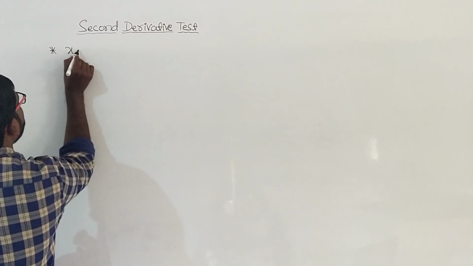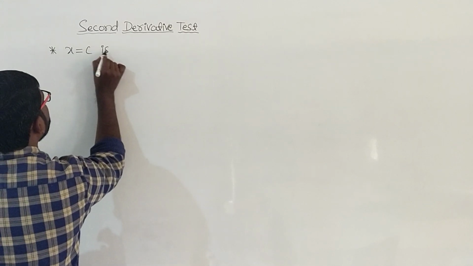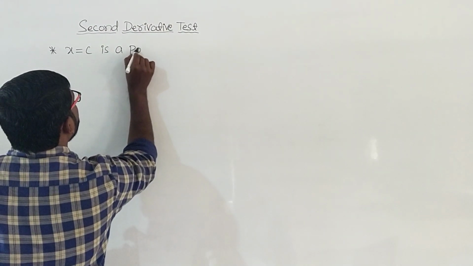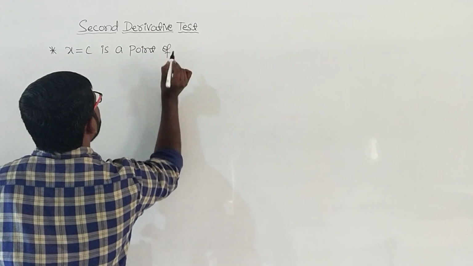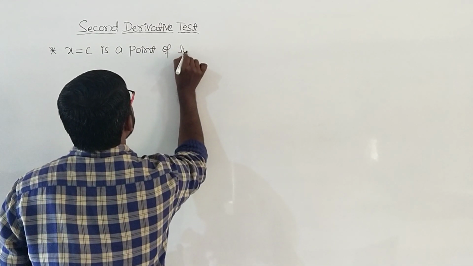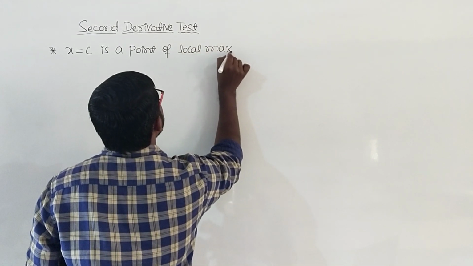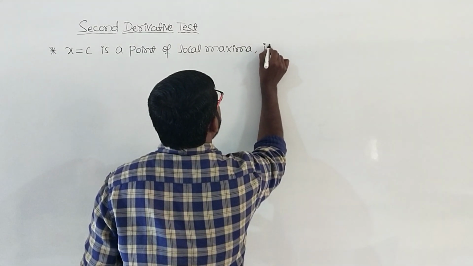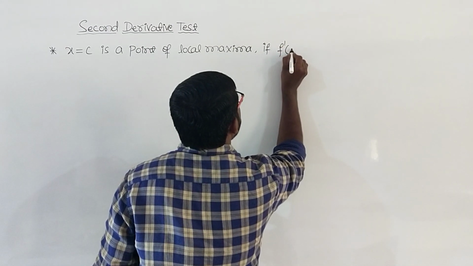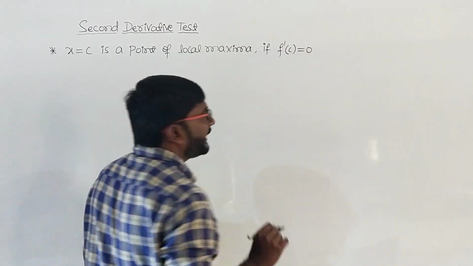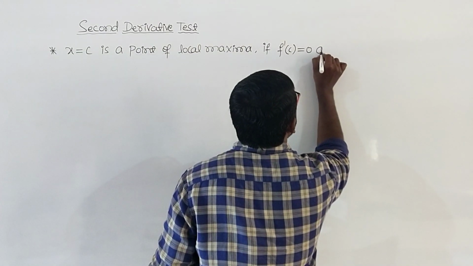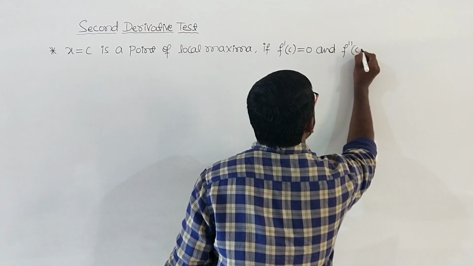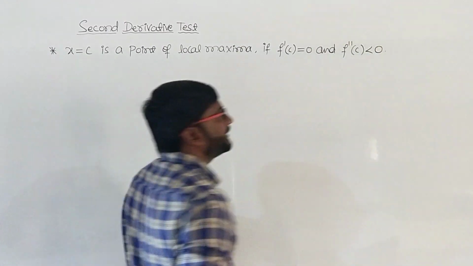So here x equal to c is a point of local maxima if the condition is f dash of c equal to 0 and f double dash of c less than 0.